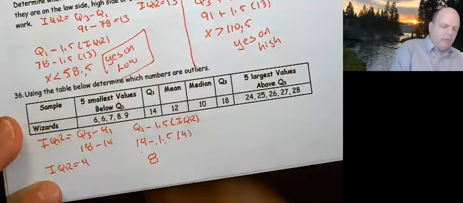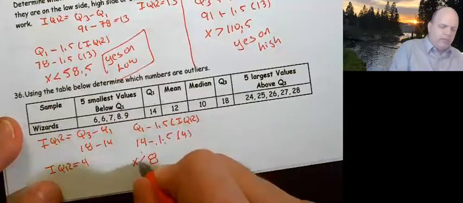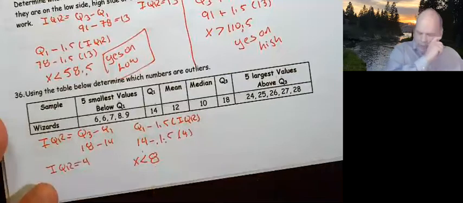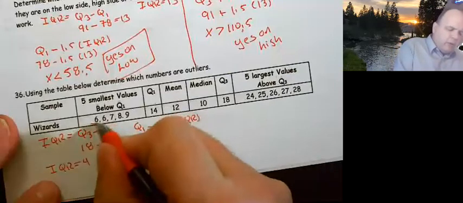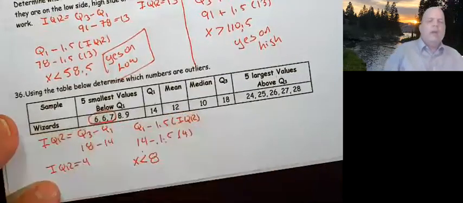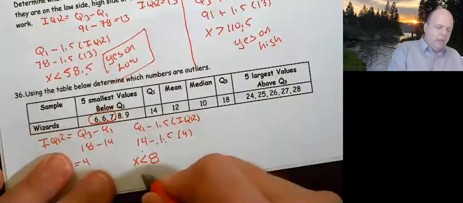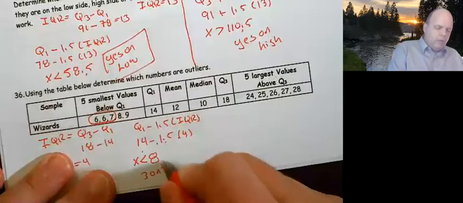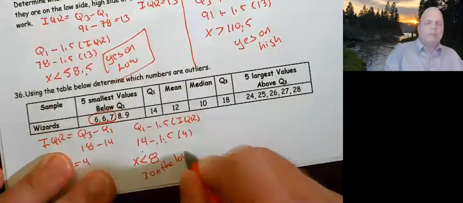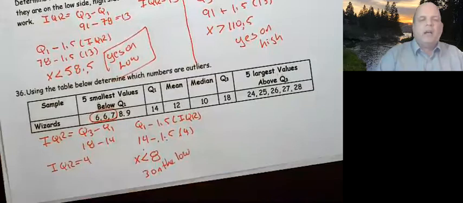All right. So if we have any values less than 8, they're outliers. So that means, in this case, I have 3 on the low. I have 3 outliers on the low side.